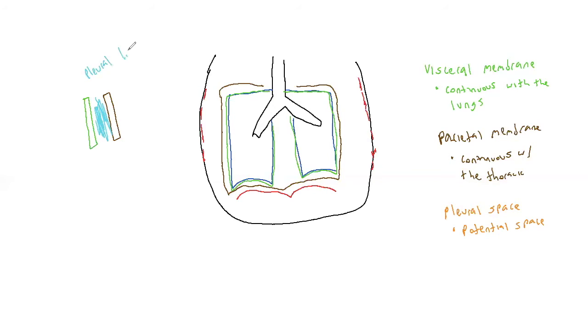Again, I don't think that's a real term. I think it's just fluid. There's not much in here, maybe about 25 milliliters. But what this does, and I'll kind of shade this in sky blue so you can see here, is it is going to allow the visceral membrane to stick with the parietal membrane.